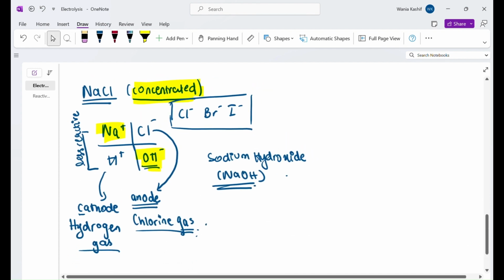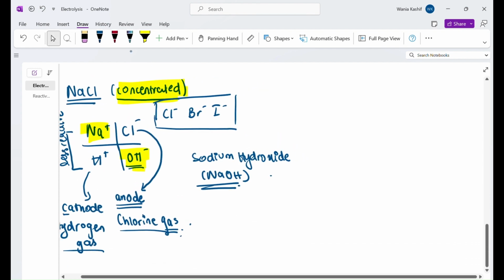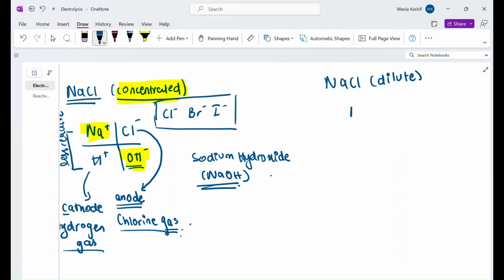Now, if we take the same solution but in dilute form, you will see that there is a change in products. Once again, Na+, Cl-, H+, and OH-. Now, since it is a dilute solution and it is not concentrated, your chloride ions, or basically any of your halides, will not take part in the reaction.